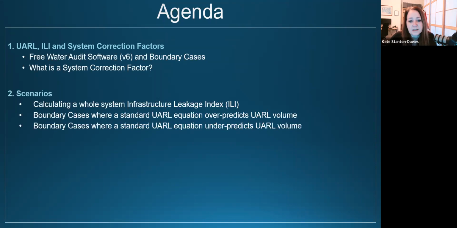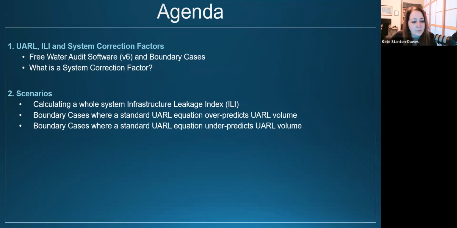We'll then look at some theoretical scenarios where you may be using system correction factors. The first scenario is where you're calculating a whole system ILI. The second is where we have certain characteristics of a system or a zone or a DMA, where a standard 1999 UARL calculation would tend to over-predict UARL volume.